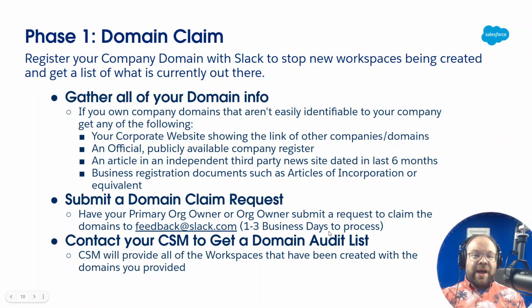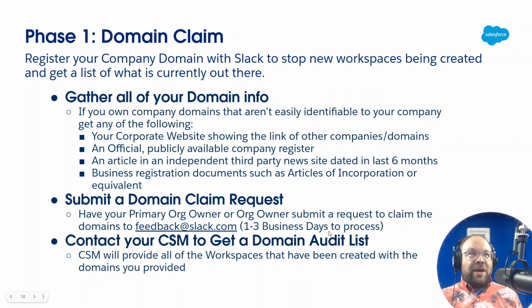So let's say I work at Nabisco and I have byron@nabisco.com. I can't take that email address and try to create a brand new workspace. When we do the domain claiming, it's going to stop me and redirect me to my IT team and say, if you want to start up a new workspace, you need to go to your IT team, and then they can start it up within the enterprise grid if it's needed.